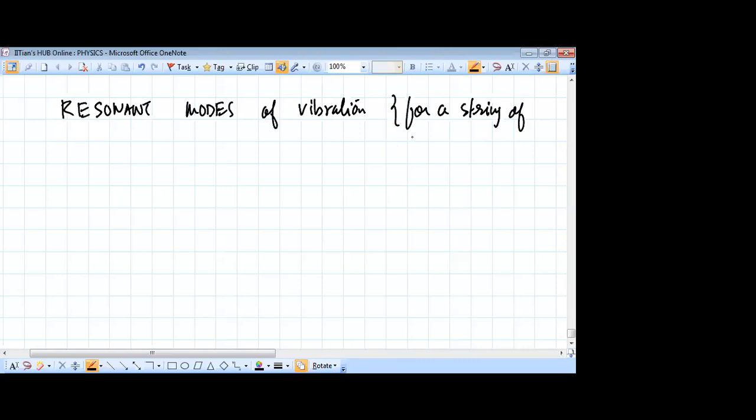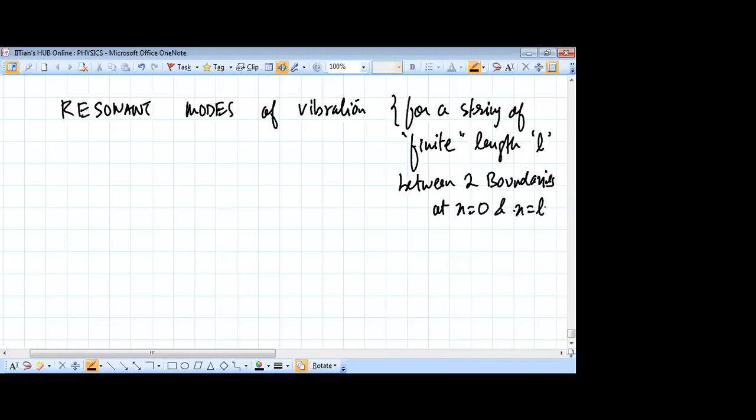For a string of finite length, not infinite length, say L, between two boundaries at x equal to 0 and x equal to L. So this is the final section. Don't worry about the term resonant mode yet, we'll understand that.